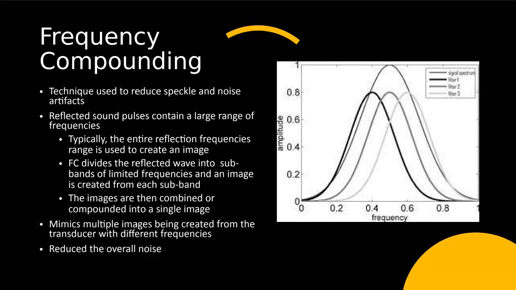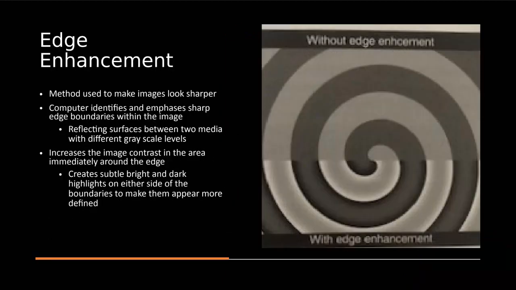We're not taking this into consideration when we're scanning, but it is something that you need to be aware of in terms of the manufacturing processes for your registry. This is also really going to help our system reduce overall noise. So when we have a system that has really great signal to noise ratio, it's probably going to have a lot of frequency compounding happening behind the scenes that we just aren't able to visualize while we're scanning.